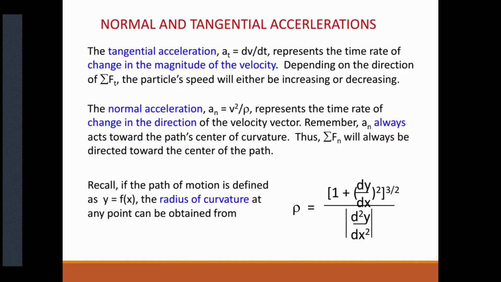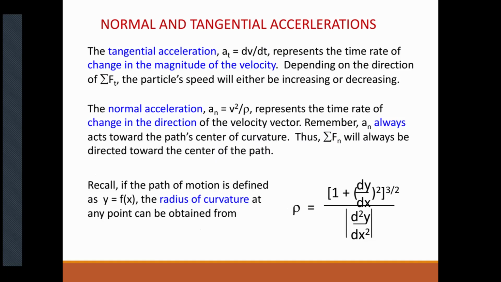And for the acceleration, as we have studied from kinematics in normal and tangential coordinates, tangential acceleration represents the time rate of change in magnitude of the velocity. But the normal acceleration represents the time rate of change in direction of the velocity vector.